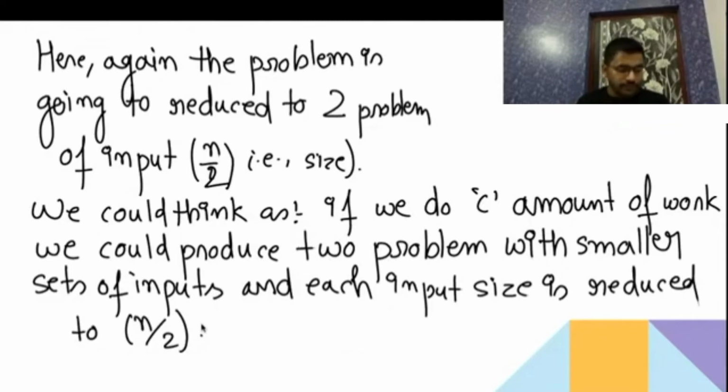If you are done with the writing, then please let me know. So when you are doing c constant work, you are dividing the problem into two problems, each of size n/2, then again T(n/2).